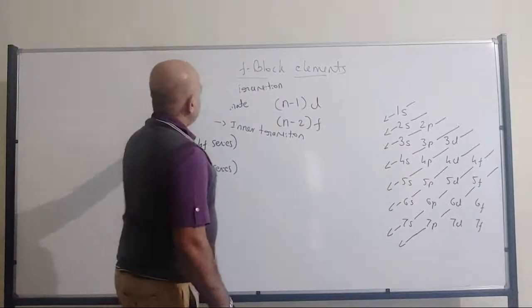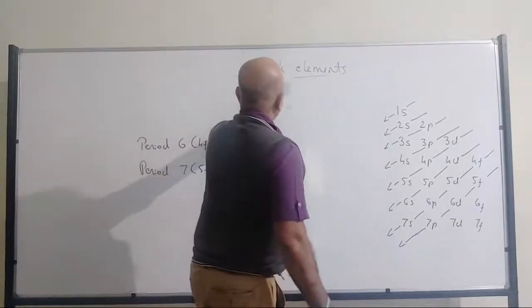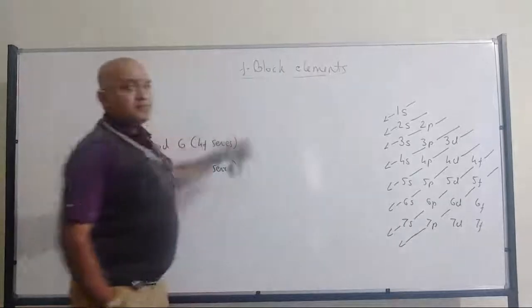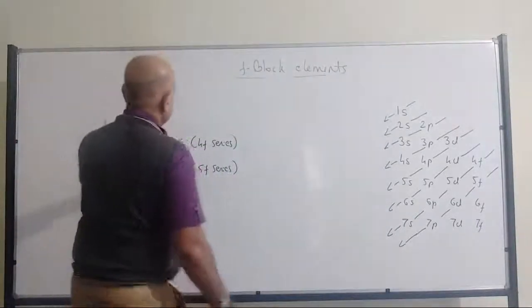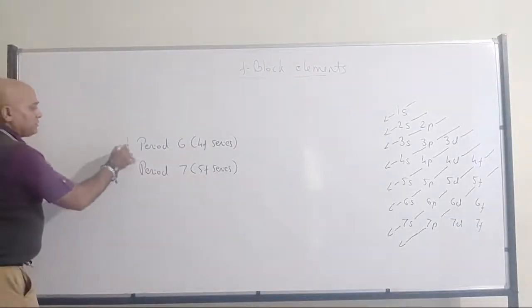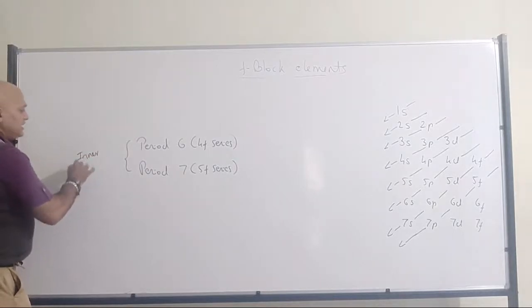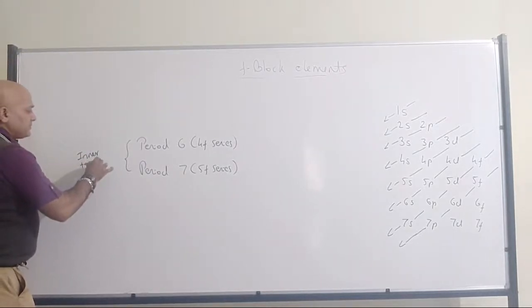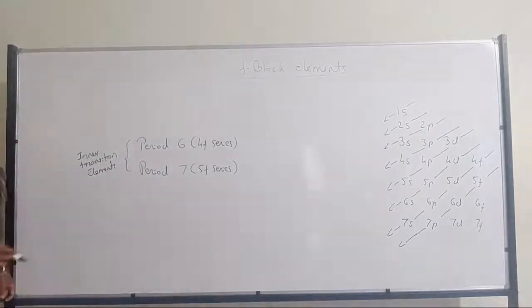Anyway, don't worry, I will give a brief about all these things, whatever I have told. But any doubt about what I have explained? So there are two series, 4F series and 5F series. All together they are called inner transition elements.